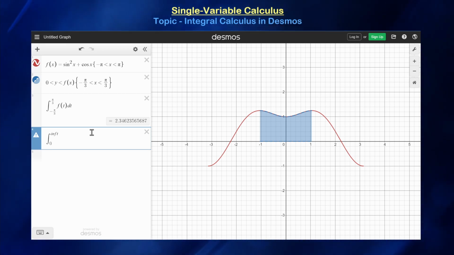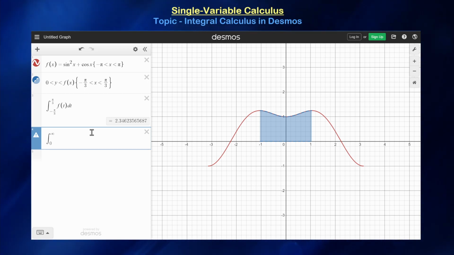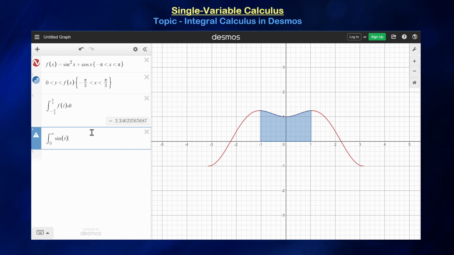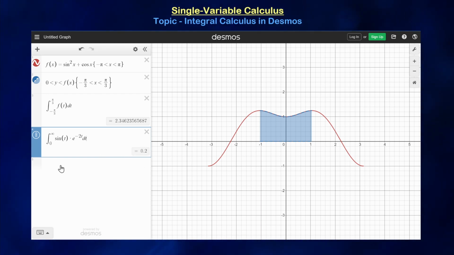To type in infinity, it's i, n, f, t, y, and once the y is typed, the infinity will come up. Let's assume we want to find the integral from 0 to infinity of sine t times e to the minus 2t dt, and we have 0.2, which is the same as 1/5.